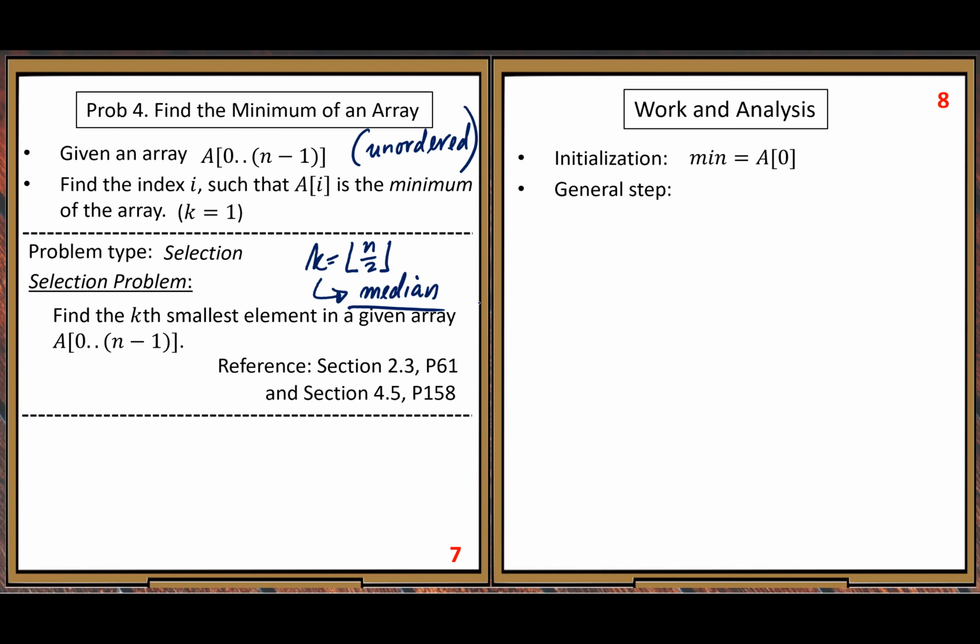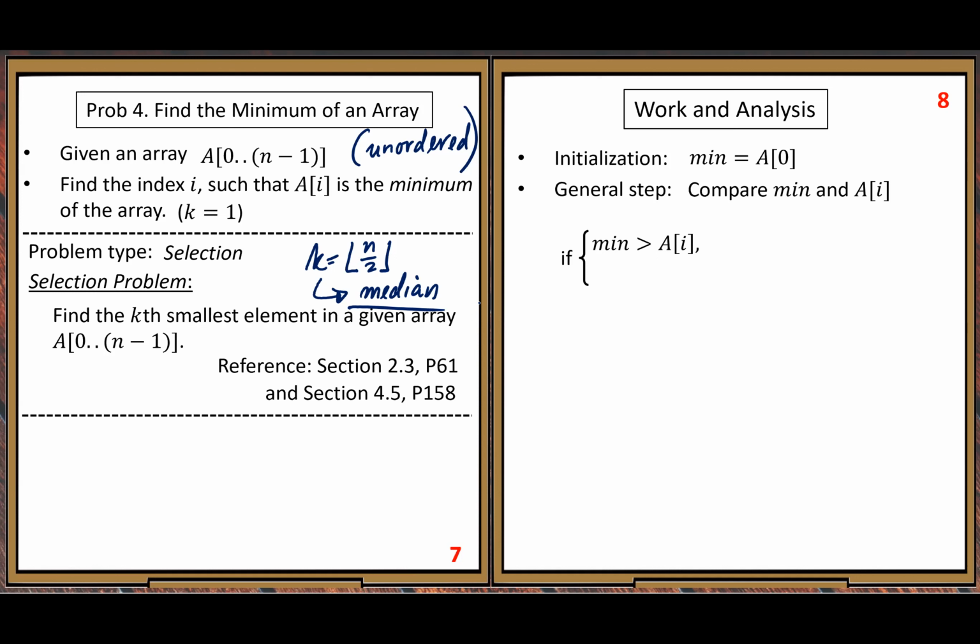Then, the general step: we need to update this variable as we go through all the elements in the array. We compare min with the current element of the array, A of I. The first case: when min is greater than A of I, we should update the min value because we found a smaller array element.